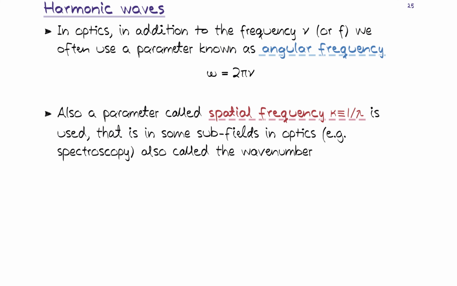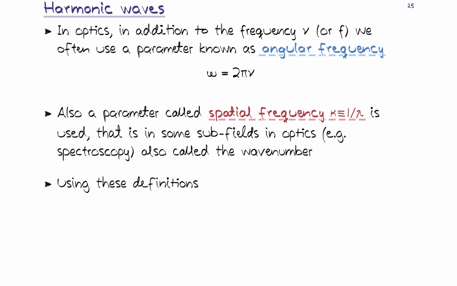But here, there's no confusion in this course, so don't be fooled by this. If we are using the concept of spatial frequency, we are calling it spatial frequency, and the wave number is something else. So we do have the 2 pi over lambda definition and not just 1 over lambda.